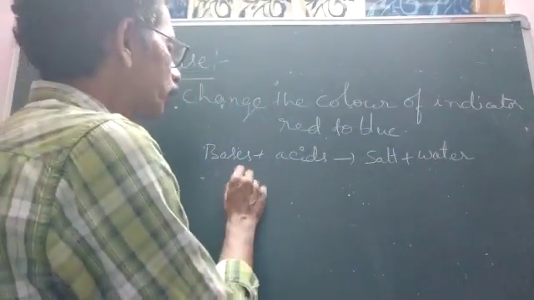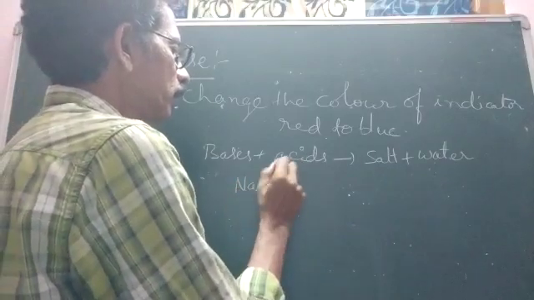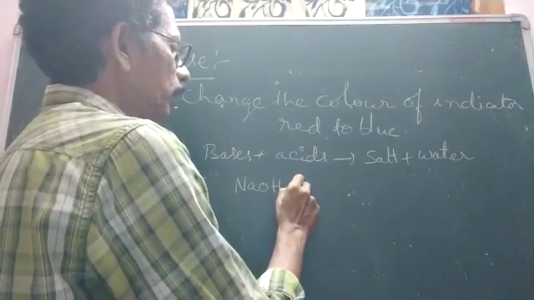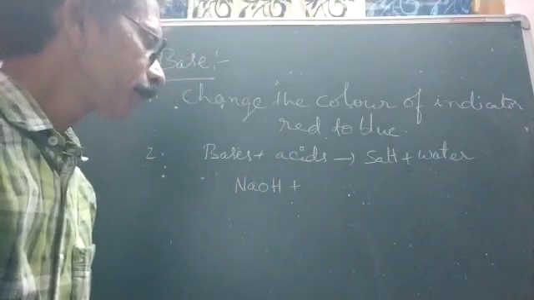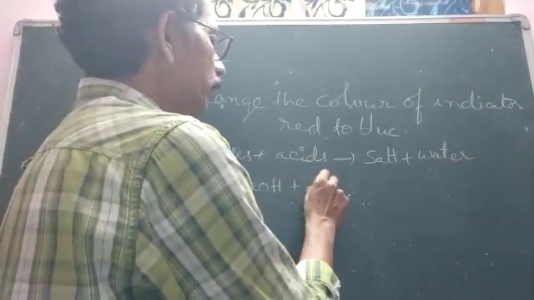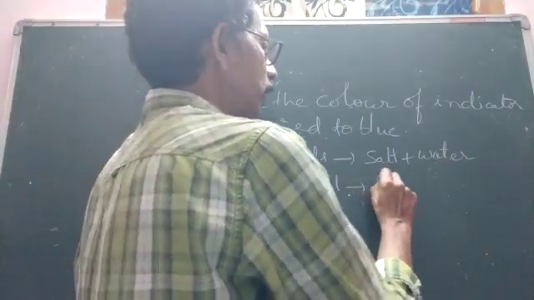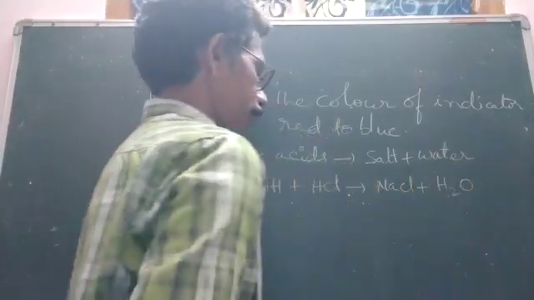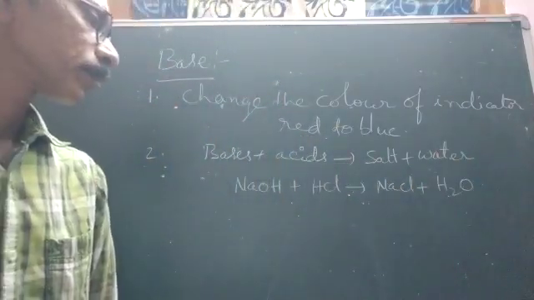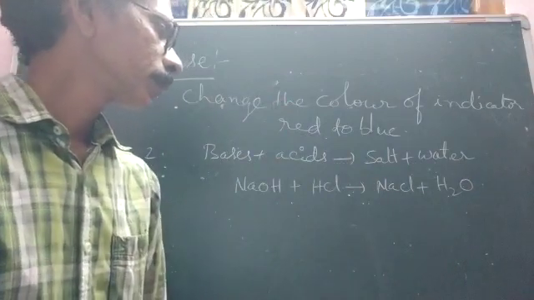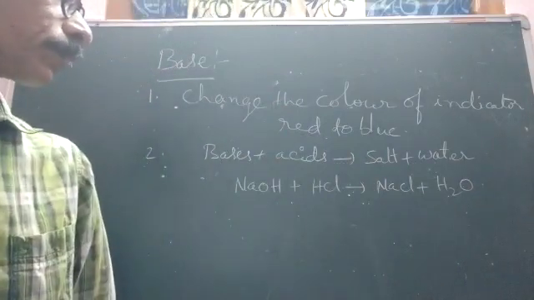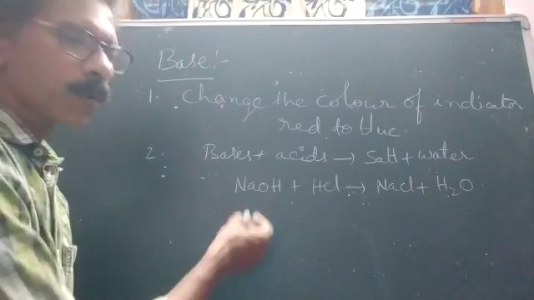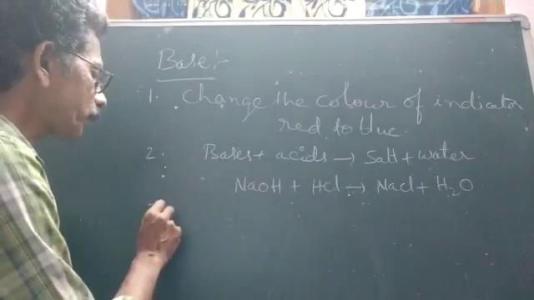So a base like sodium hydroxide combines with an acid, HCl, and gives NaCl plus water. That is a common property.